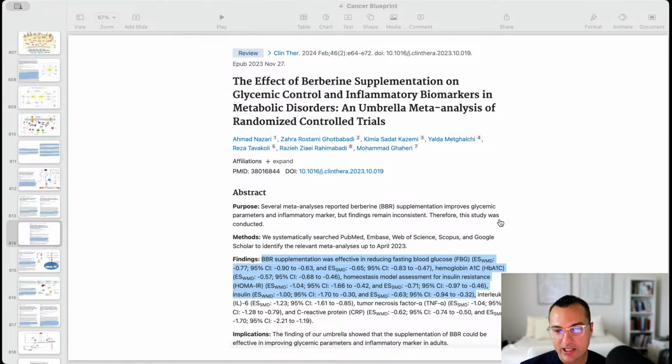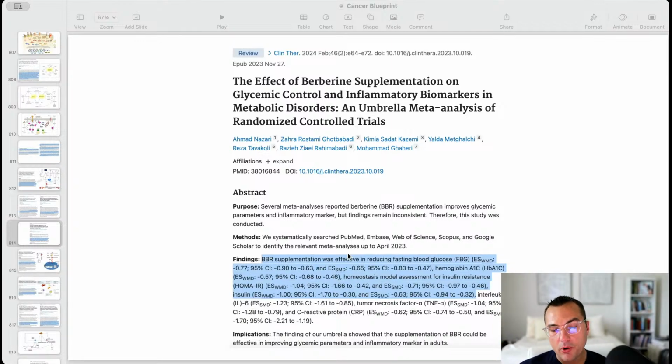You'd have to really dig into these meta-analyses, to be honest with you, and look at every possible study they used for those analyses, and you would see the amount of berberine they used in every study. I didn't do that, but I think it would be useful to see if some of the weight that was given to studies matters.